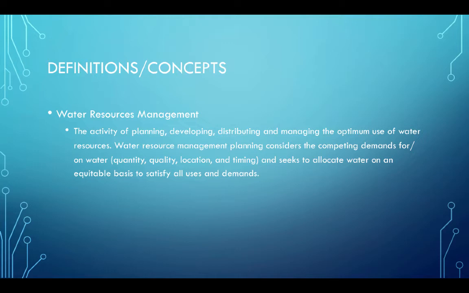Examples of demands for water are quantity, location, and timing, and demands placed on water are its ability to assimilate waste materials, and that affects the quality. The two don't necessarily have to be distinguished. And the management seeks to allocate that water on an equitable basis to satisfy all uses and demands. Now that's a very nice sounding goal, but it brings with it some challenges.